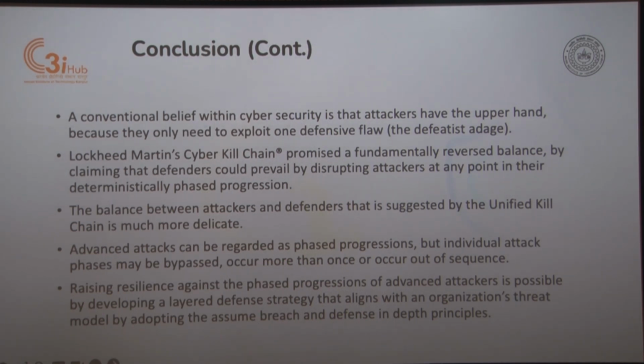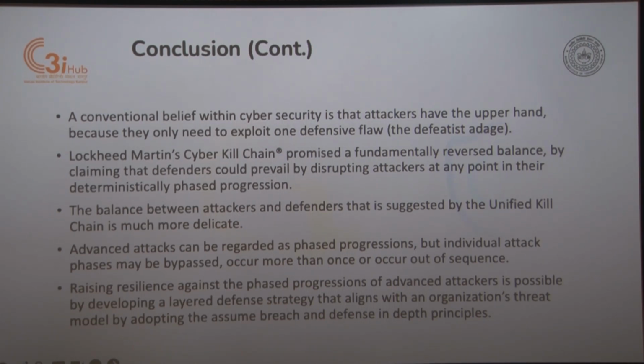Also, one stage can occur more than one time, like credential access, where they can collect credentials from multiple machines. So one phase, one attack can occur one or more times, or may not occur at all, as the attacker can bypass it.